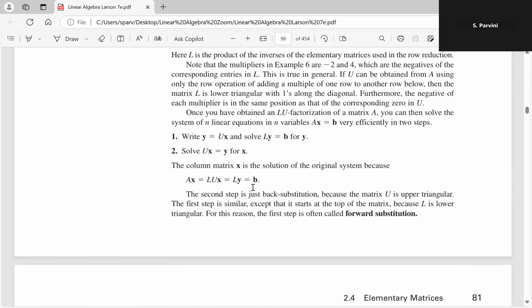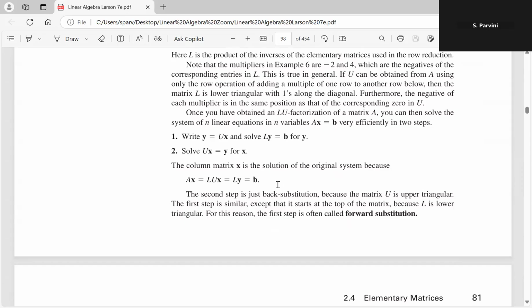Notice in this solution, steps 1 and 2, there is no inverse involved. So that's the beauty of LU factorization to solve a system. You do not get involved with the inverse of a matrix. So first, you need to write y equal upper triangle times x, solve the system, then solve this for x, the column matrix X, the solution of the original system.